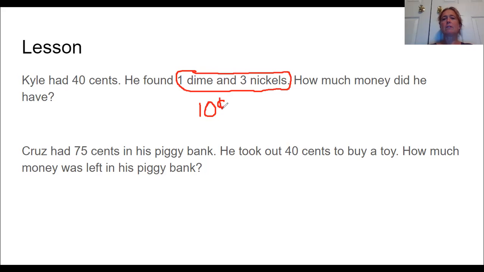And he found 3 nickels, and each nickel is worth 5. So if we count by 5 three times, we have 5, 10, 15 cents. The first equation we have to do is 10 cents plus 15 cents, and that will give us the amount that he found.